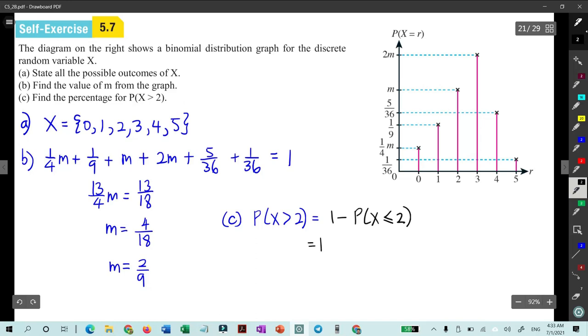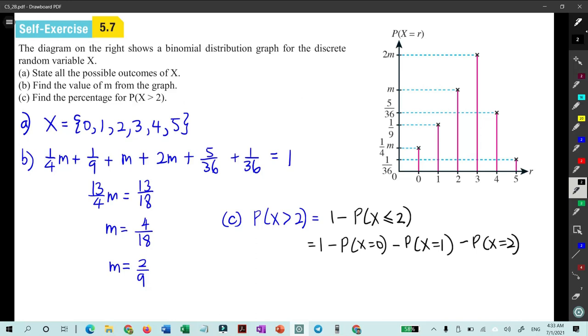So I take 1 and minus P(x = 0) minus P(x = 1) minus P(x = 2). In fact you also can sum up P(x = 3) plus P(x = 4) and P(x = 5). Okay, so you'll get the same answer.